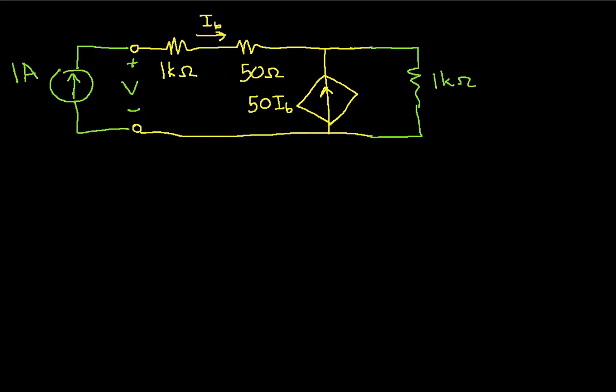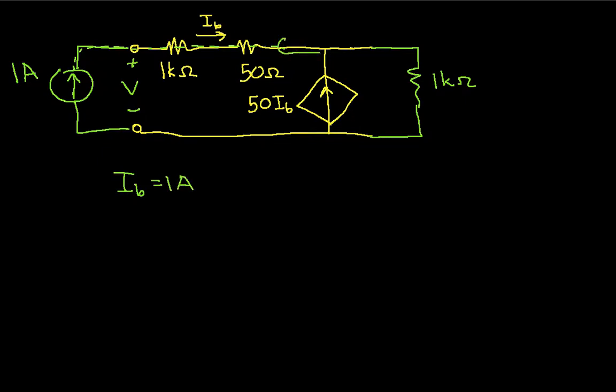Okay, so if I look at the way things are set up then, I sub B is equal to 1 amp because all of the current that flows through here also comes from the source. So we have then I sub B is 1 amp.